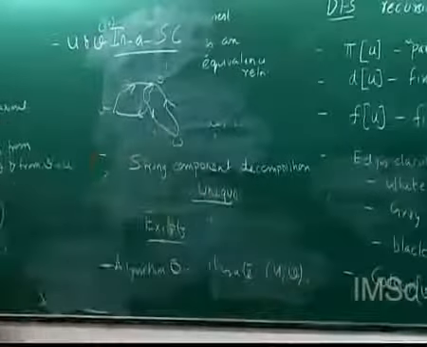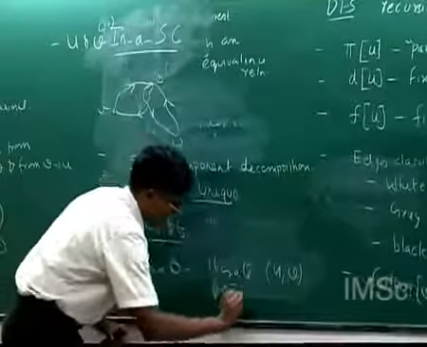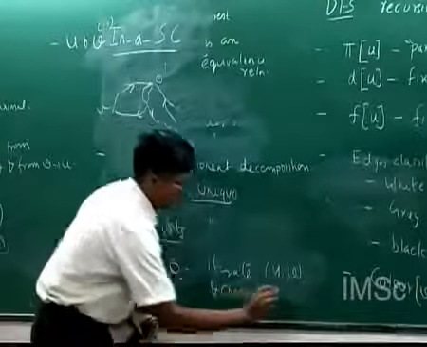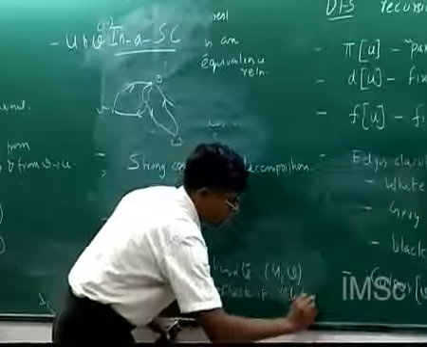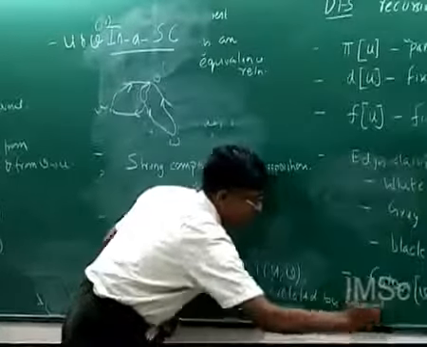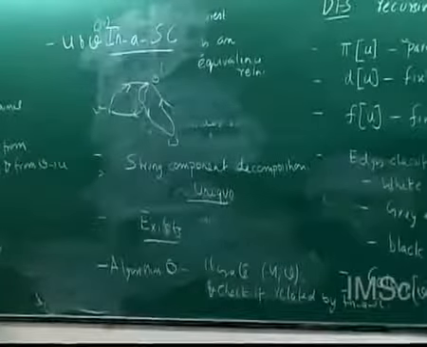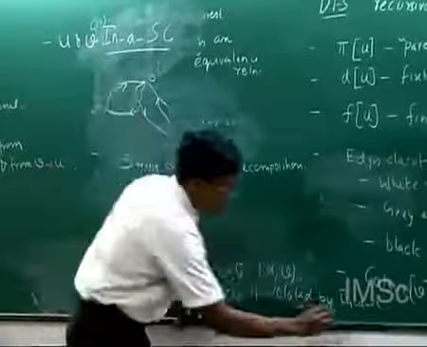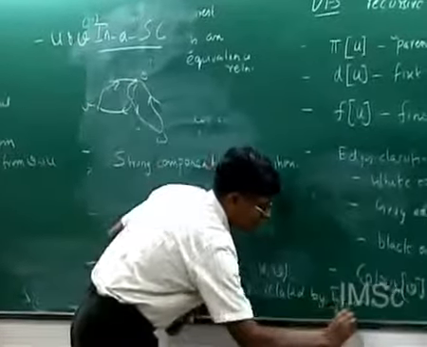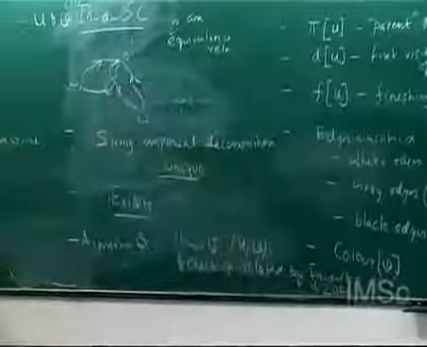Iterate over all pairs u, v, and put all those vertices which are in one strongly connected component, and this can be done by two queries of depth first search.